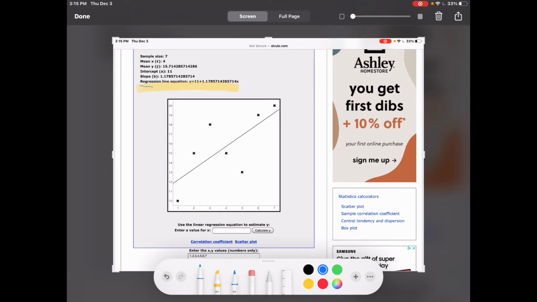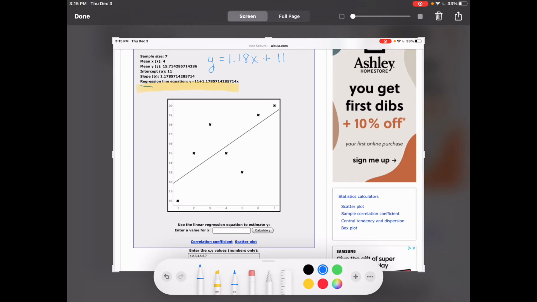And so we could maybe simplify that a little bit and say y equals 1.18x plus 11. Interestingly enough, on the graph it doesn't really look like it crosses at 11. It must be just an illusion of some kind.